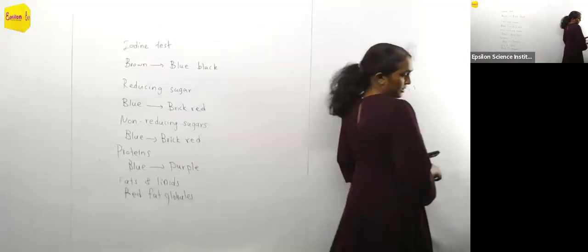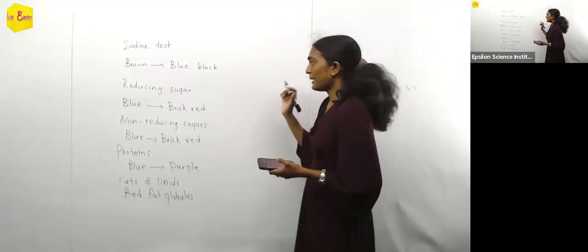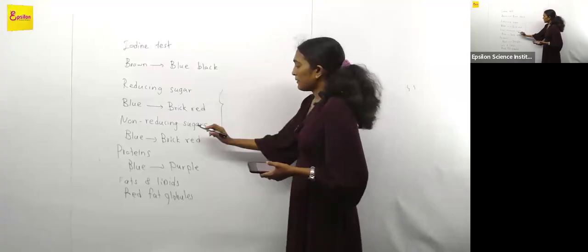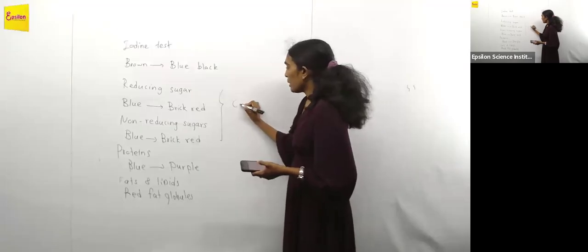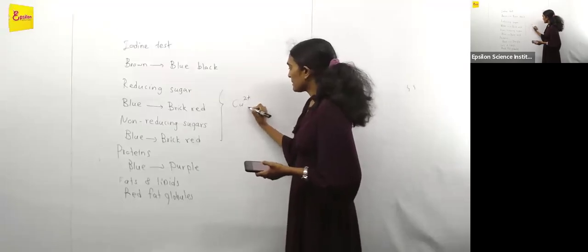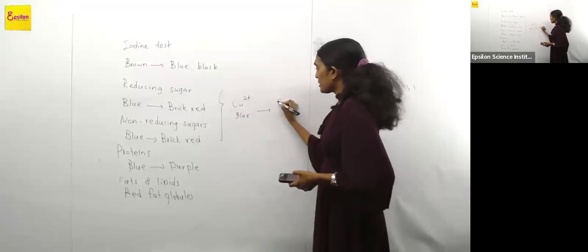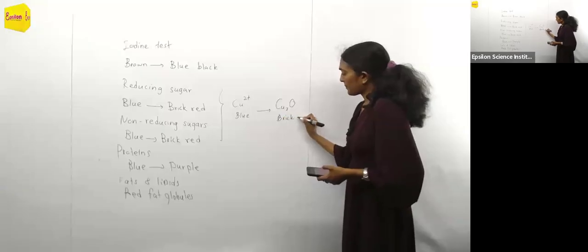It's asking for other explanations also under each category. Iodine test, there's nothing much to explain. Regarding reducing sugars and non-reducing sugars, after being hydrolyzed, non-reducing sugars also do the same. The copper 2+ ions in the solution give the blue color, which will be turned into Cu2O, brick red precipitate, right?